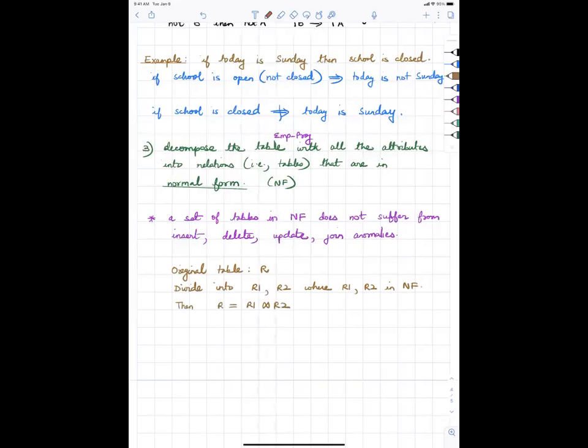You will never get a wrong table. You're guaranteed that you'll get back the original table from the join table.